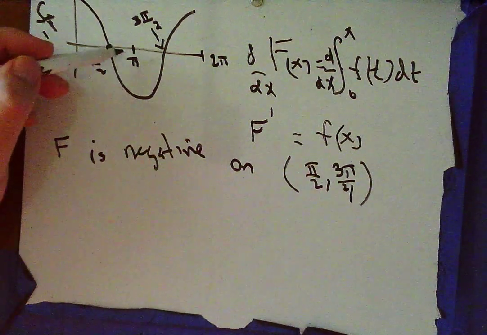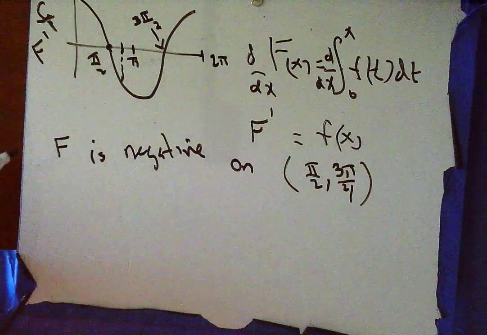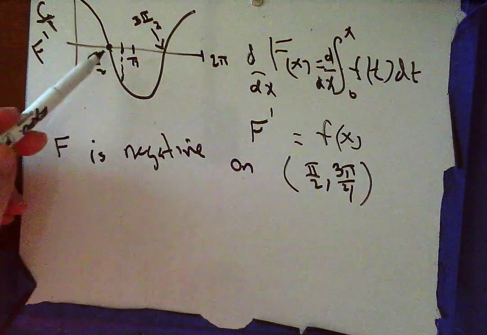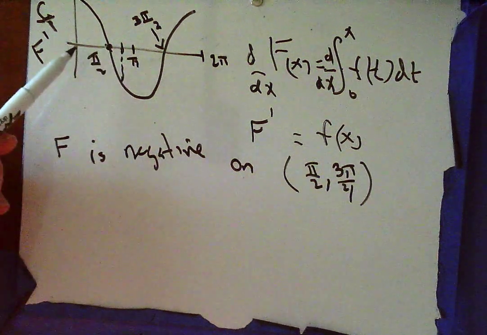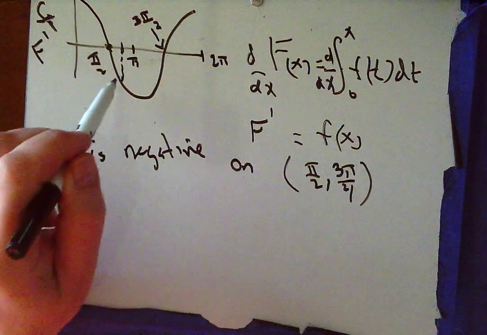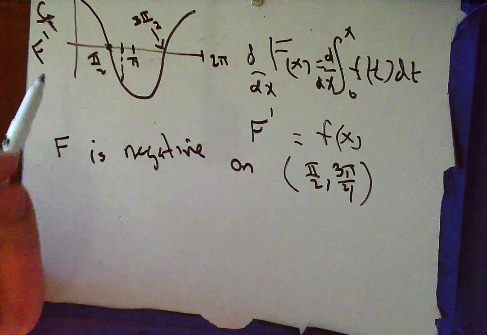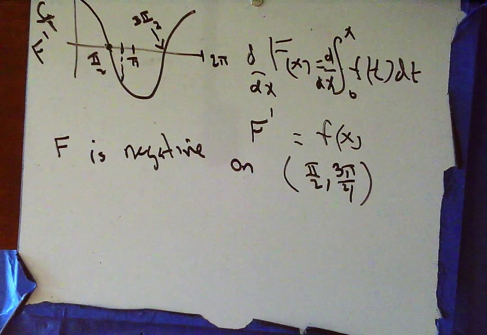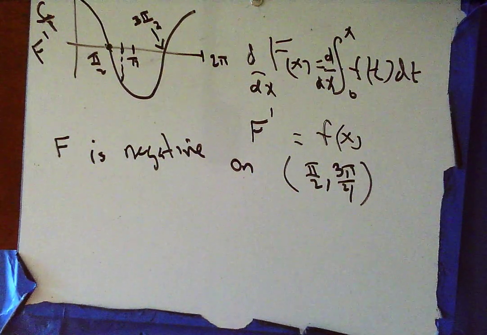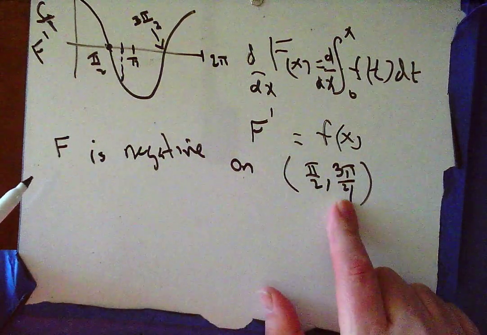Here's pi over 2, and here's 3 pi over 4. Okay, and it certainly looks like after pi over 2 and up to 3 pi over 4, this graph is negative, but this graph isn't big F. This graph is big F prime. So what can I do here to figure out if big F is negative on that interval?